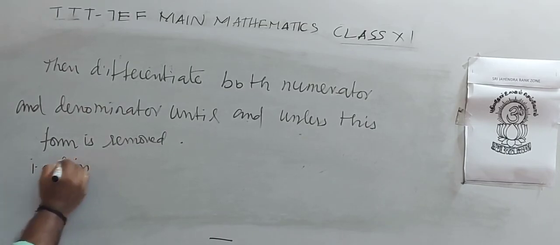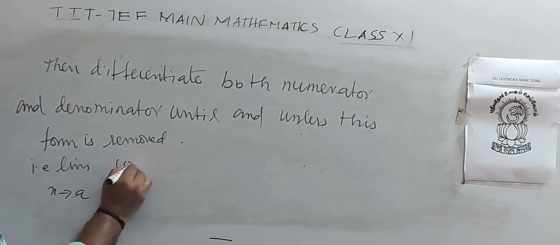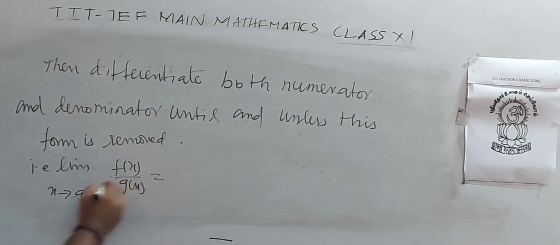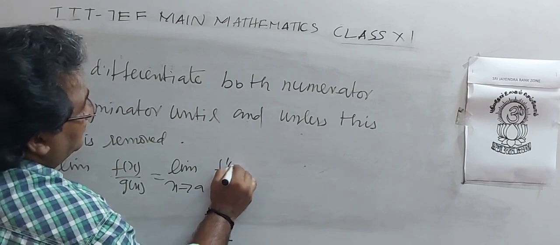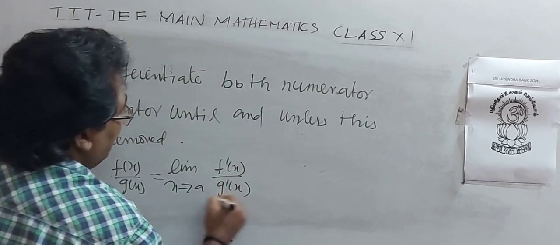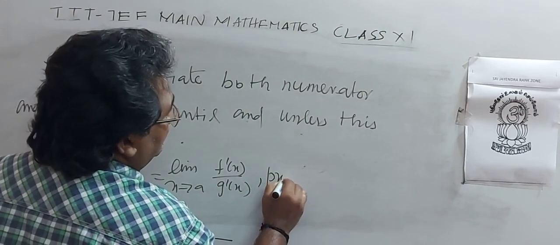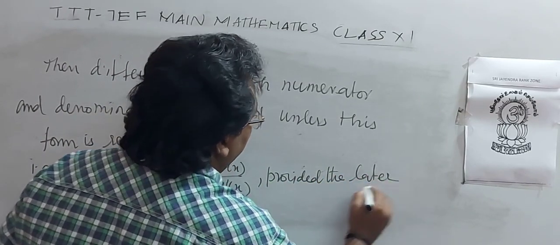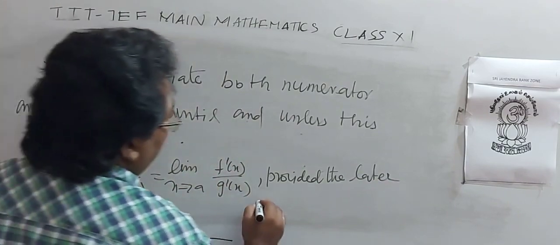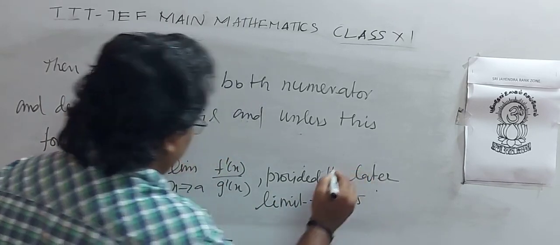That is, limit x tends to a of f of x by g of x equals limit x tends to a of f dash of x by g dash of x, provided the latter limit exists.